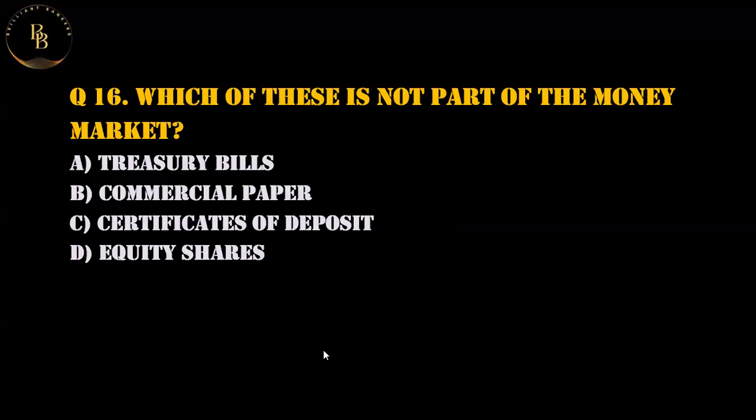Coming to question number 16, which of these is not part of the money market? Treasury bills, commercial papers, certificates of deposit, or equity shares? Money market instruments are short-term instruments, having a period of less than 1 year.